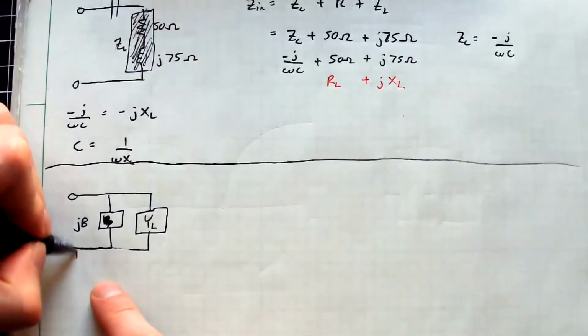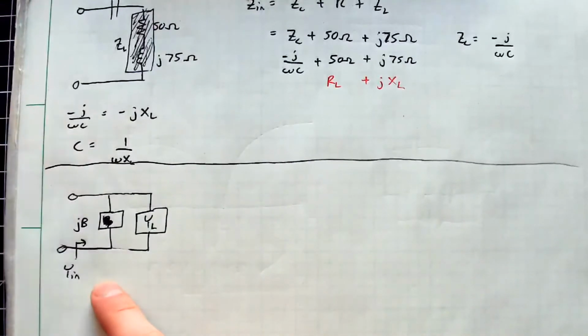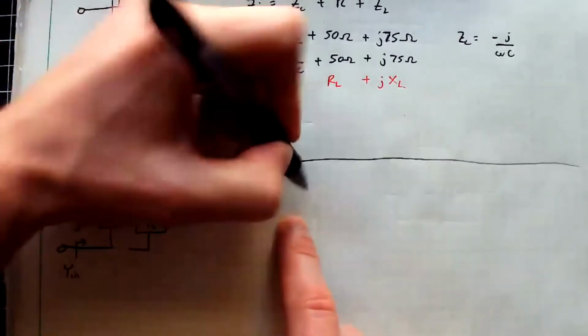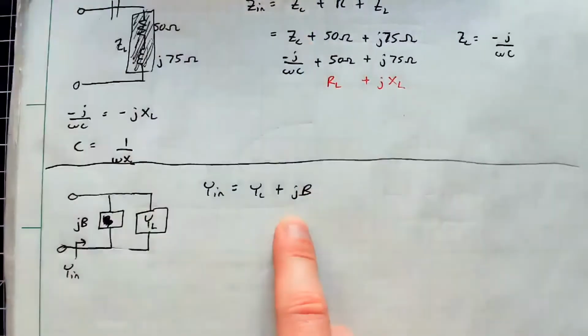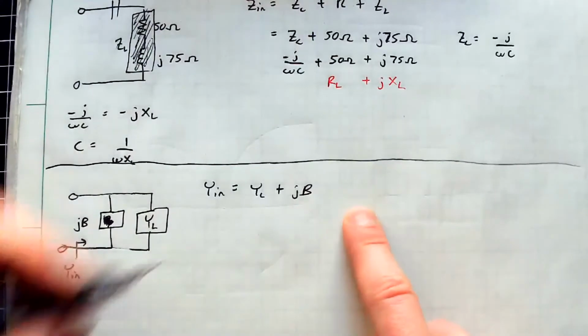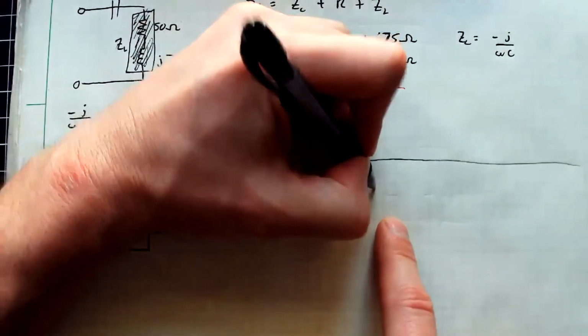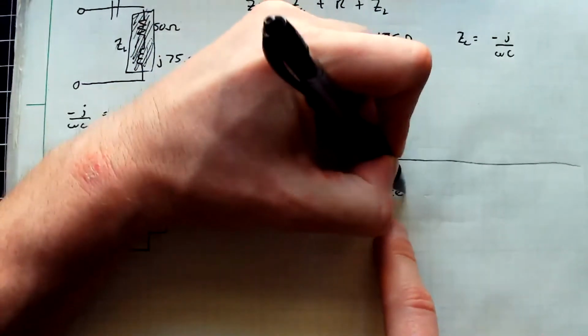So the equivalent admittance looking into here, we would say YN is just my load plus JB. Incidentally, I forgot what the word for this was when I was recording the lectures, and I looked it up later. It's called susceptance.